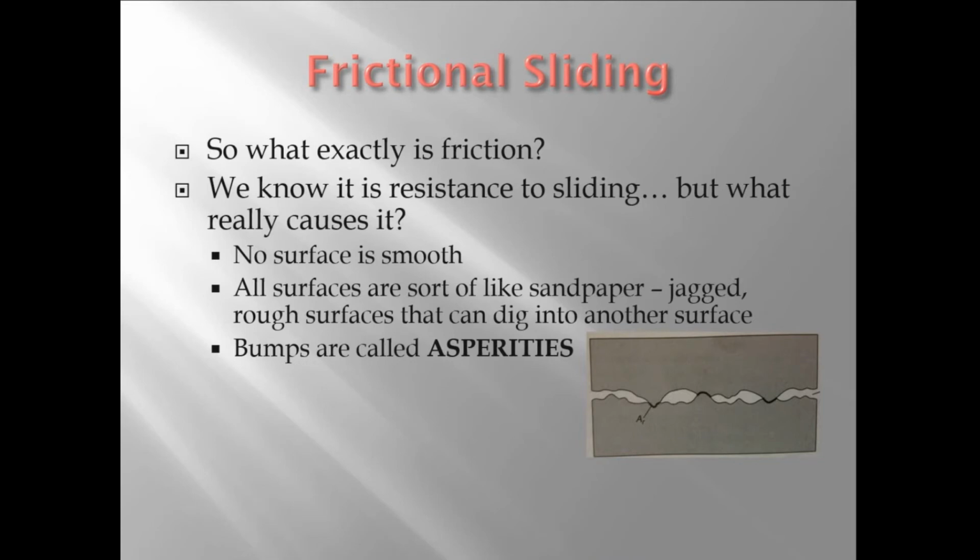And so those little bumps and jagged edges are cutting into each other. And you try and slide it, and they bump each other, they cut into each other, they break. It's absorbing energy. If you push down on it, exerting normal stress, they dig in more and more. That's why adding weight on it makes it harder to slide.